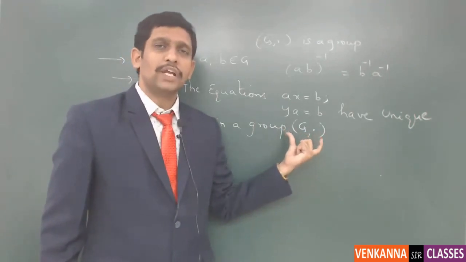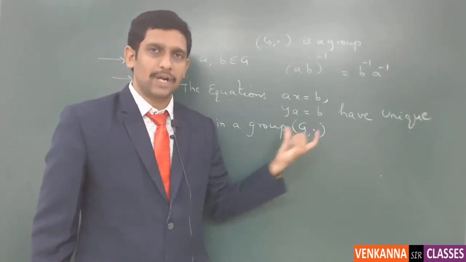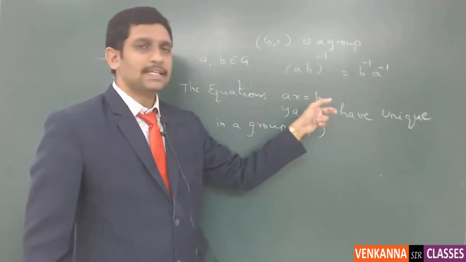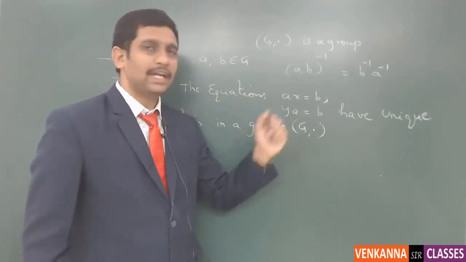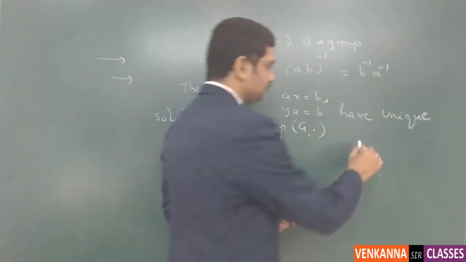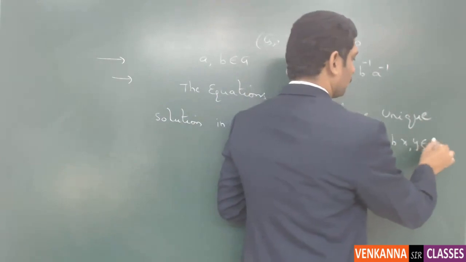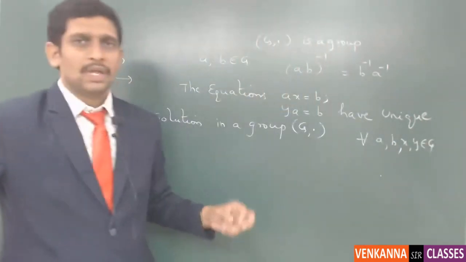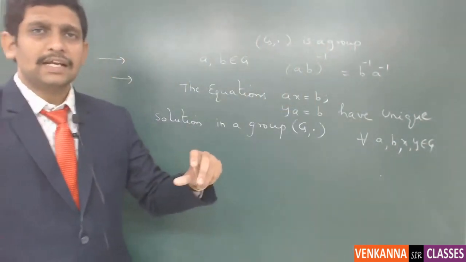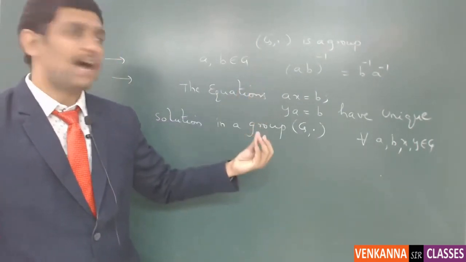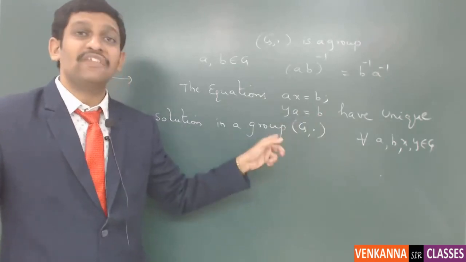Whenever you take a group G comma dot, you consider two equations, Ax equal to B and Ya equal to B. Whenever you consider an equation of this form, it will have a unique solution within the set.